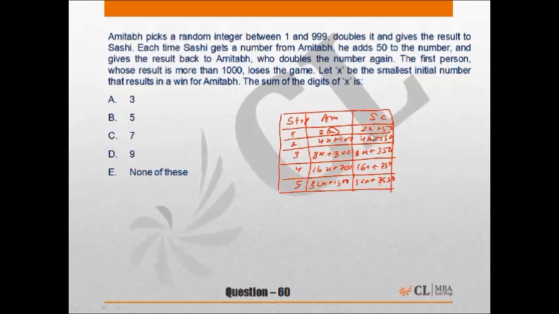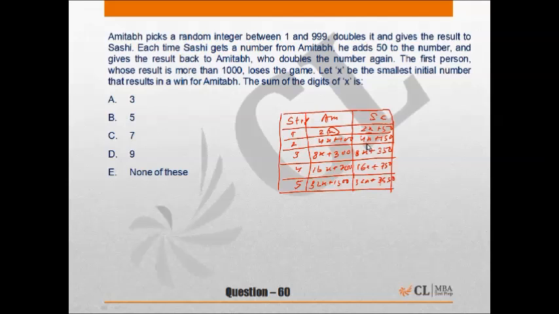So the number with Shashi will be 2x. After that he adds 50 to it and gives it back to Amitabh, who doubles it again. It means twice of 2x plus 50 will be 4x plus 100. This is the amount that Amitabh gives to Shashi in the second step.